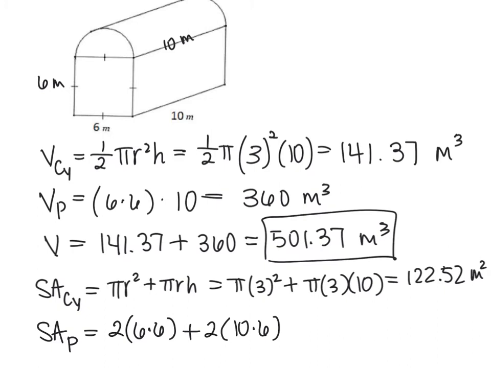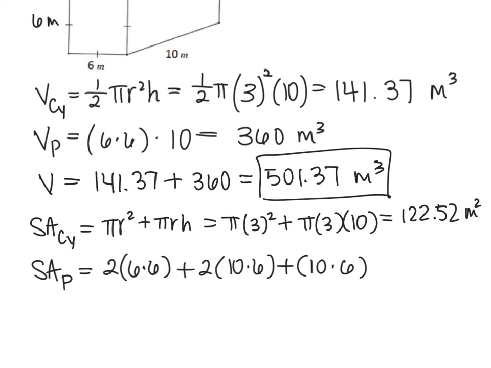Then we have the bottom of our solid, which is another rectangle that's a 10 by 6. So 6 times 6 is 36 times 2, plus 10 times 6 is 60 times 2, which is 120, and then plus 60, giving us a surface area of 252 meters squared for our prism.